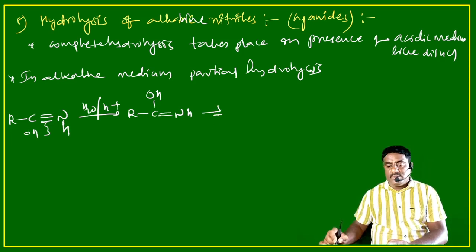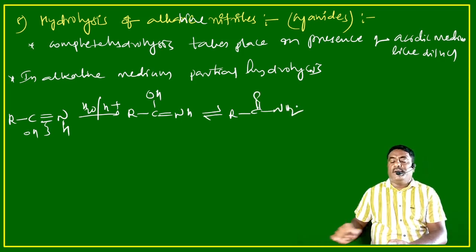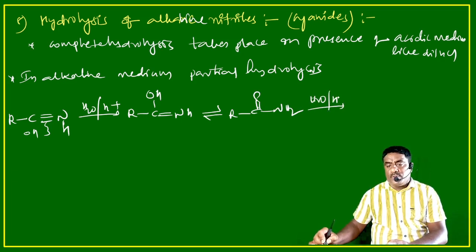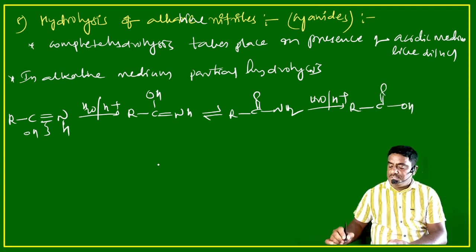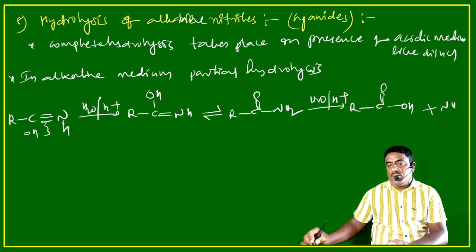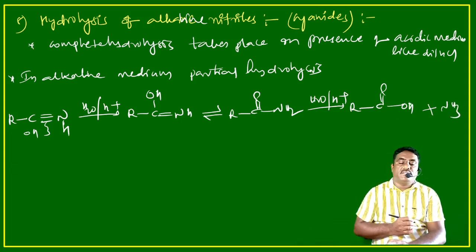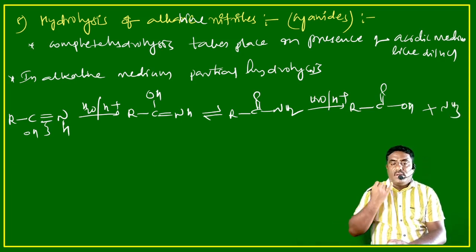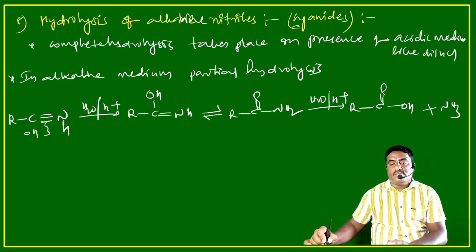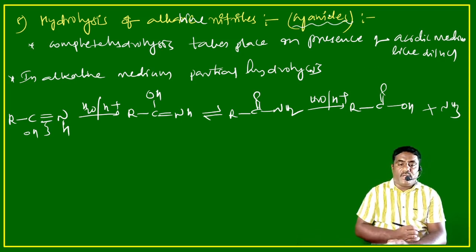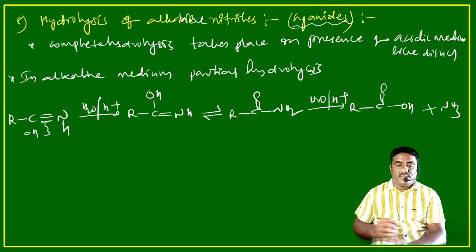It tautomerizes to form RCONH2, an amide. The amide in presence of H2O and H plus forms RCOOH and releases ammonia gas. This is the hydrolysis of alkyl cyanides.